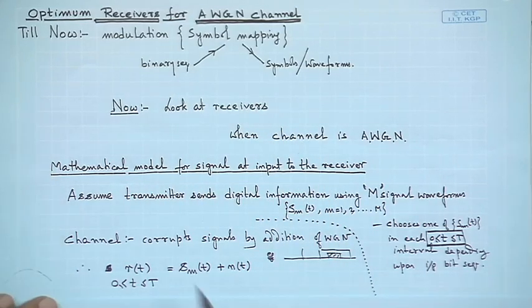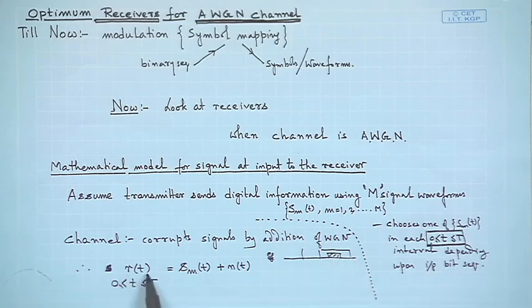And the channel we have already described is additive white Gaussian noise, where of course the bandwidth of the filter at the receiver is much wider than that of the noise, and noise is spectrally white, and we have described this in an earlier discussion.